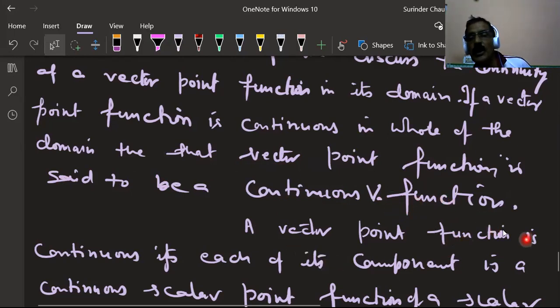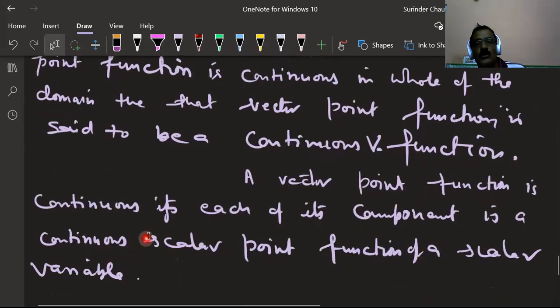A vector point function is continuous if each of its components is a continuous scalar point function of a scalar variable.